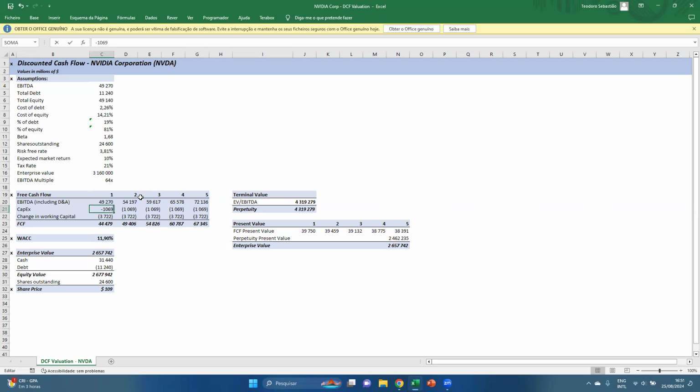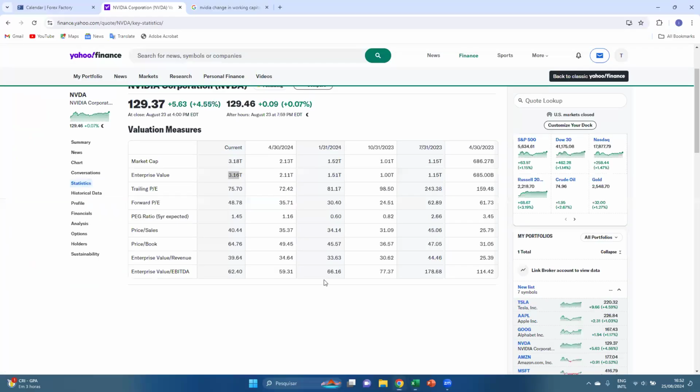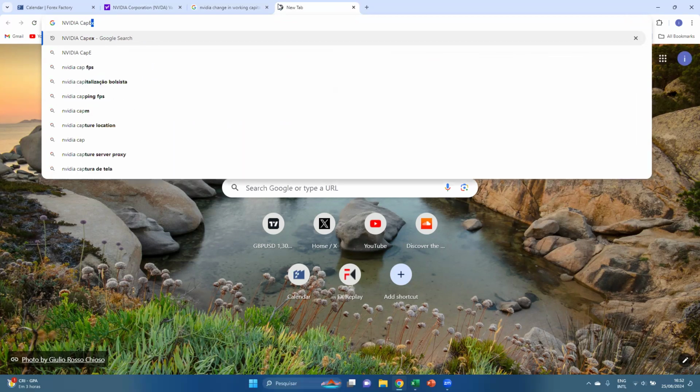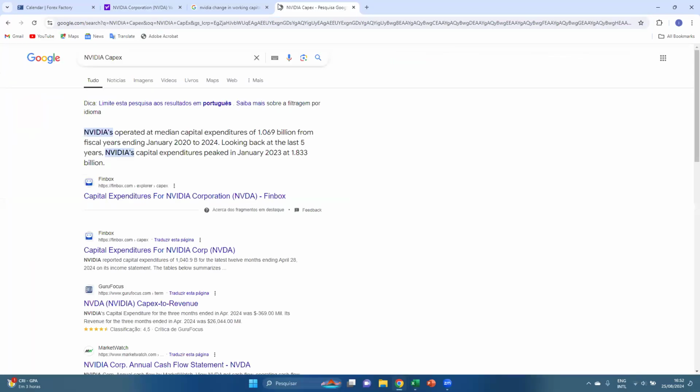Then we are going to have our CapEx, that is our capital expenditures, that you can search online for this company, NVIDIA. You can find the CapEx on the statement of cash flow in their 10-Ks on their websites, or you can also search here if you trust the data.